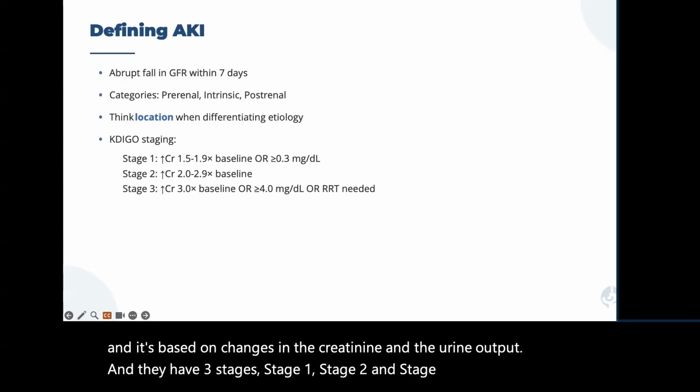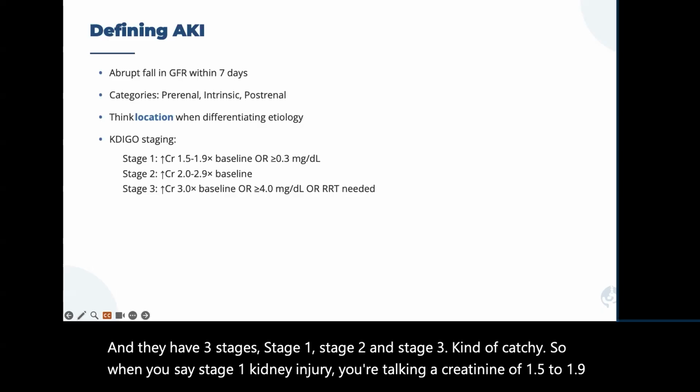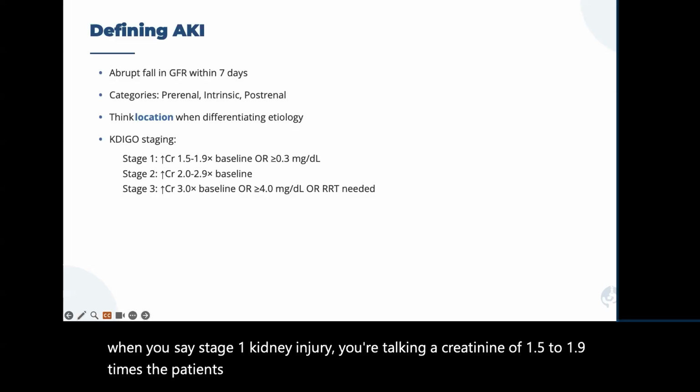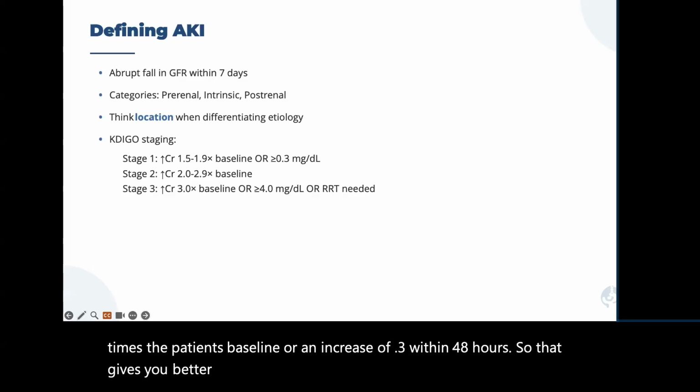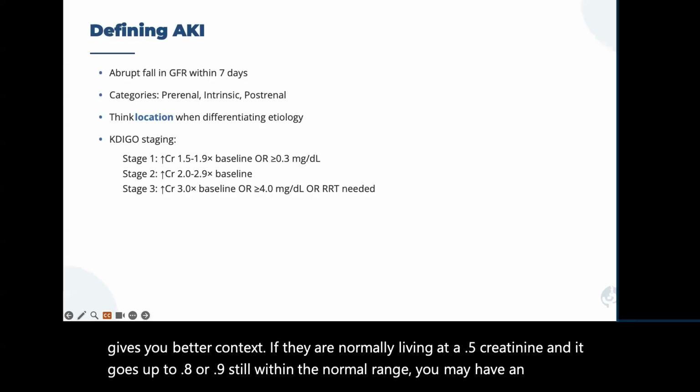When you say stage 1 kidney injury, you're talking about a creatinine of 1.5 to 1.9 times the patient's baseline, or an increase of 0.3 within 48 hours. So that gives you better context. If they are normally living at a 0.5 creatinine and it goes up to 0.8 or 0.9, still within the normal range, you may have an acute kidney injury.